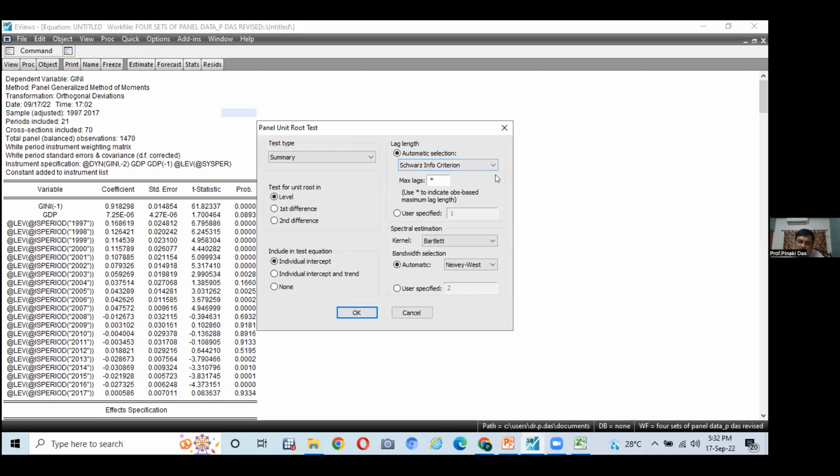This method we are using to select the lag length. That is the fourth step. First step is the selection of the test type. Second is the test for unit root for level or first difference, and third is the test equation, whether we consider intercept or both intercept and trend or none, and fourth is the lag selection, which is automatic in case of EViews.